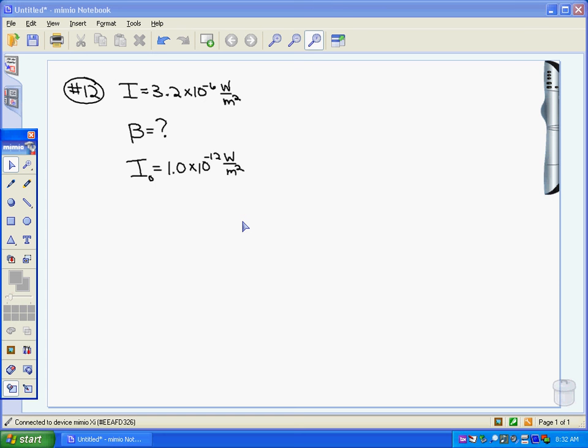So now the equation for this is that the sound intensity level is equal to 10 times log, and that's log base 10 again, of I over I naught.